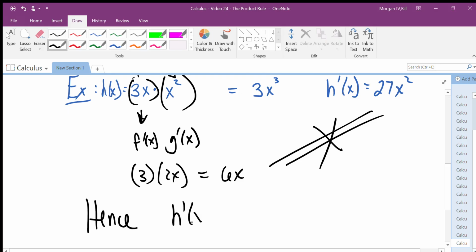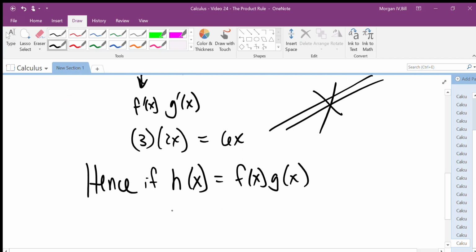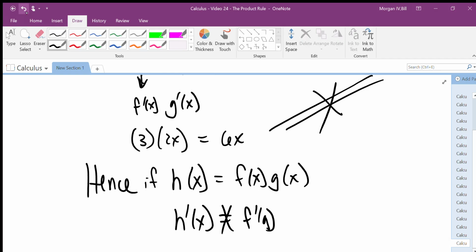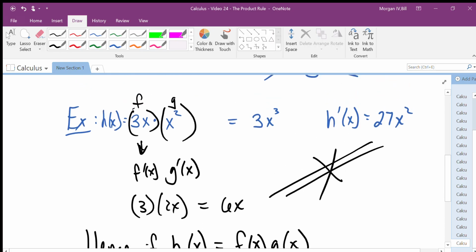Hence, for h of x equaling 2 functions multiplied together, in this case 3x times x squared, the derivative of h of x is not f prime of x times g prime of x. It doesn't work. We got 6x when we should have gotten 9x squared.